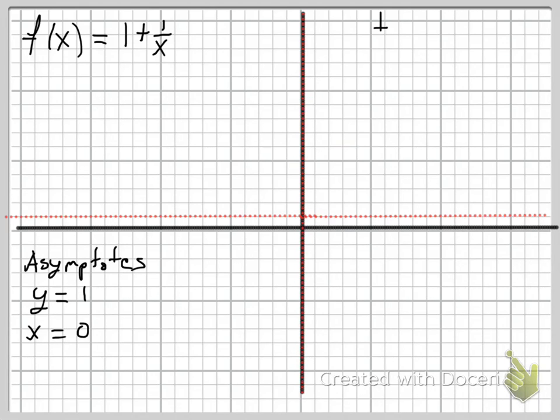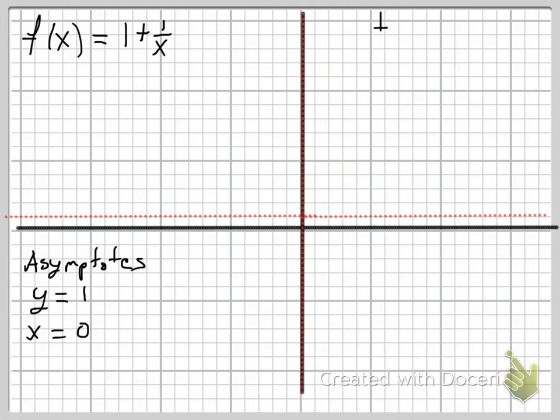And if we remember our reciprocal function did something along these lines, and we know that basic shape, and it looks like it's going to cross the x-axis somewhere around here, and we would like to find those intercepts.